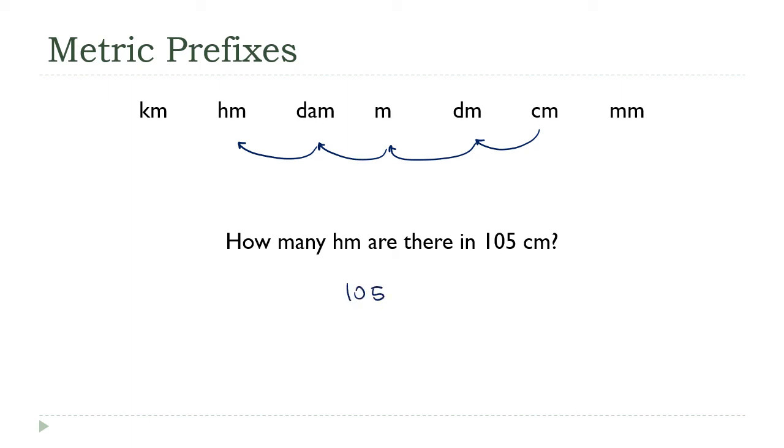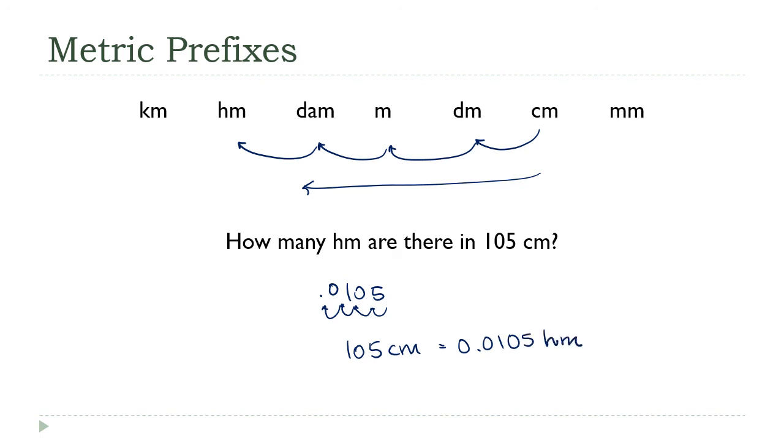Well, I went from right to left here. So I'm going to move my decimal point from right to left. I'm going to go 1, 2, 3, 4, and that's where I end up. So 105 centimeters is equal to 0.0105 hectometers. That's my final answer.